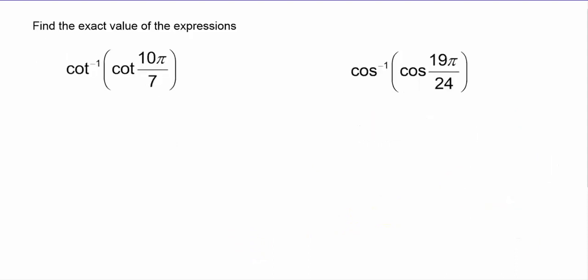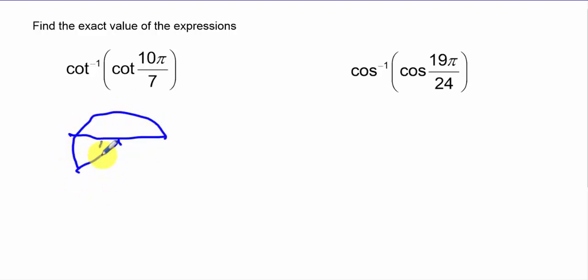Do a couple more. Very similar problem. I will want to find the cotangent of 10 pi over 7, which I can't. I don't know where that x over y specifically is, but I know 10 pi over 7 would be somewhere over here in the third quadrant.